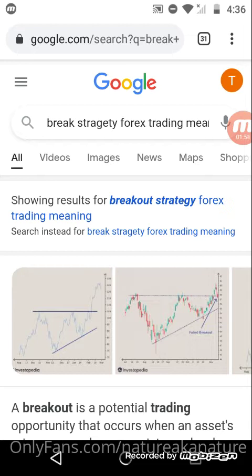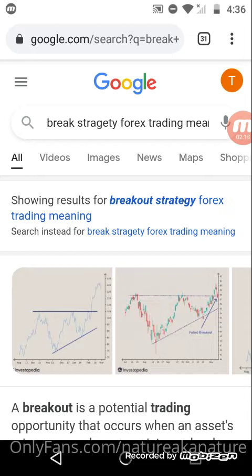So the conservative way of trading is the bounce. You wait for a bounce off of support or resistance. The aggressive way is called the break, and you get in as soon as price breaks through the support or resistance with ease.